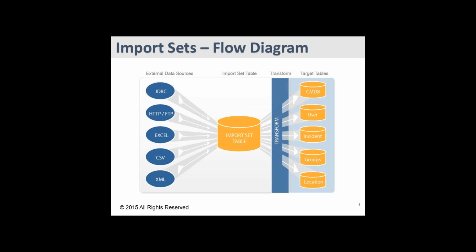So in Excel format, we will fill the data. I'll show you, and even during practical, I'll tell you the format of the Excel sheet. These are all the possible external data sources on the left side: JDBC, HTTP, FTP, Excel, CSV, comma separated data format, and XML.